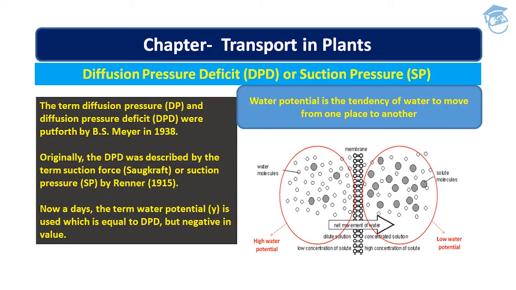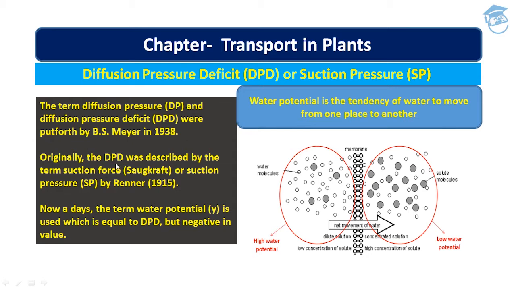Now we'll talk about diffusion pressure deficit, that is DPD, and suction pressure. Suction pressure and DPD, that is diffusion pressure deficit, are the same terms, so don't get confused with it. The terms diffusion pressure and diffusion pressure deficit were put forth by B.S. Mayer, a scientist, in the year 1938.